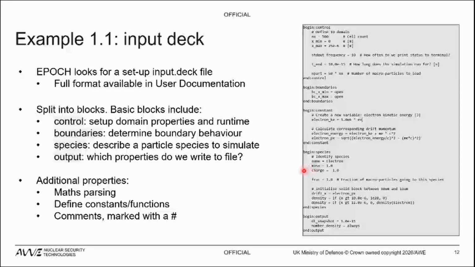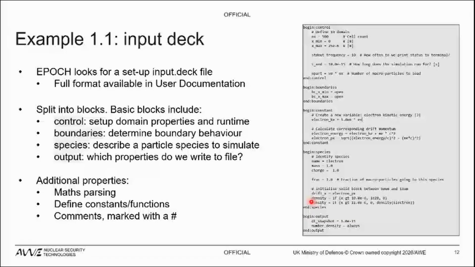So 1 electron mass and -1 electron charge. Frac is 1, so in this case, 100% of the particles we've loaded are going to go into the electron species. And we've told it a little bit about what we want the species to do. We've given it a drift, a momentum drift, and we've given it a density distribution in our 1D grid.